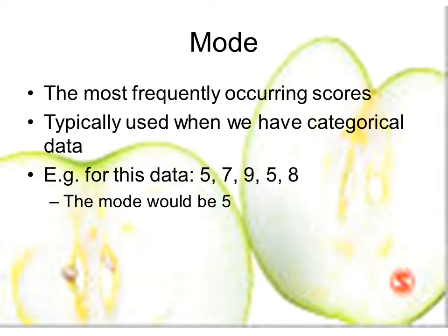Then I circle and group them based on how many of each number I'm seeing, and count them off to find where my mode is.